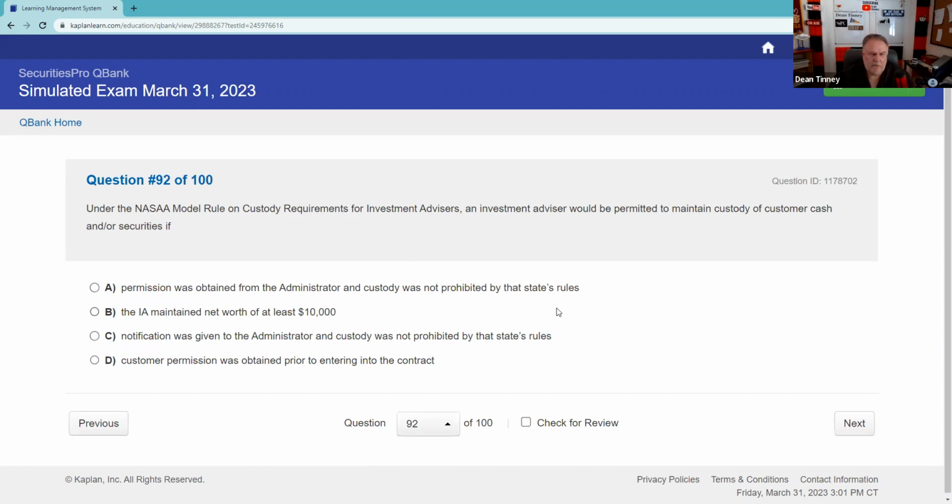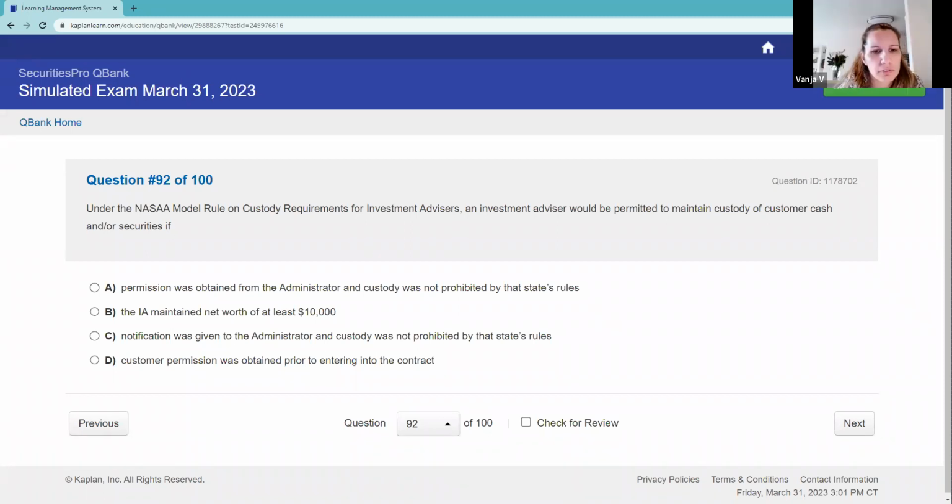Under the NASAA model rule on custody requirements for investment advisors, an investment advisor would be permitted to maintain custody of customer cash and securities if permission was obtained from the administrator and custody was not prohibited by the state's rule, or if the advisor maintains a net worth of at least 10. No, it's got to go more than that.